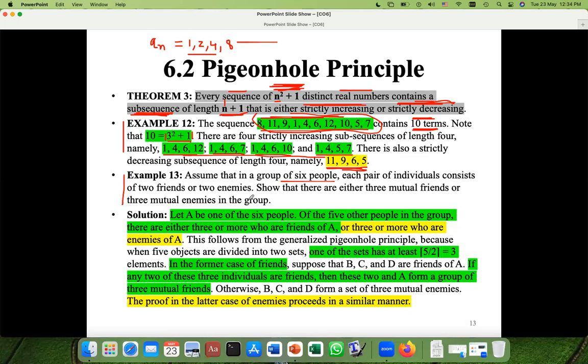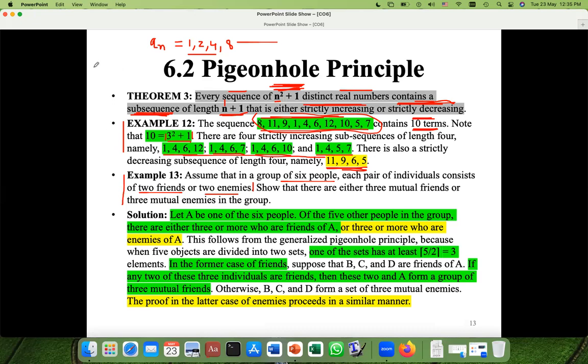Each pair of individuals will have either 2 friends or 2 enemies. Of 6 people, you can make a maximum of maybe 3 pairs. And in each pair, either those 2 members would be friends of each other or enemies of each other. This is the assumption. You have to assume like that.